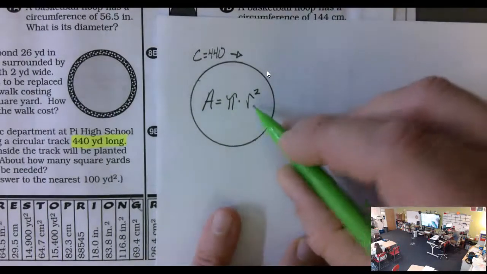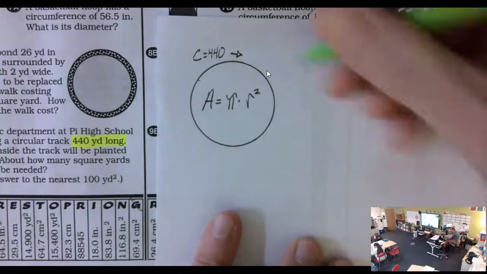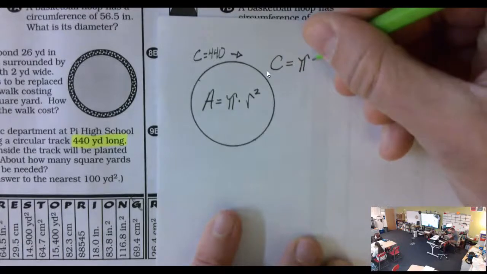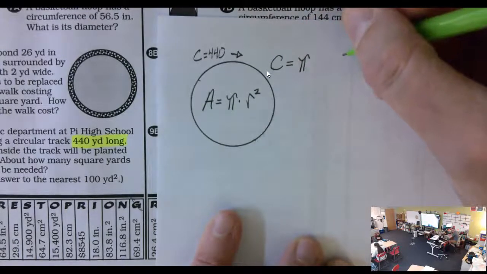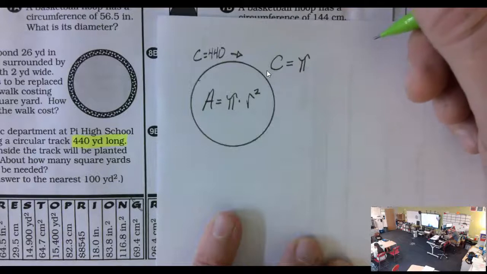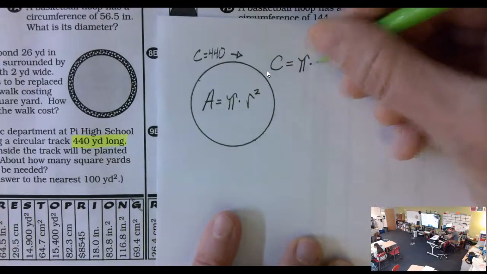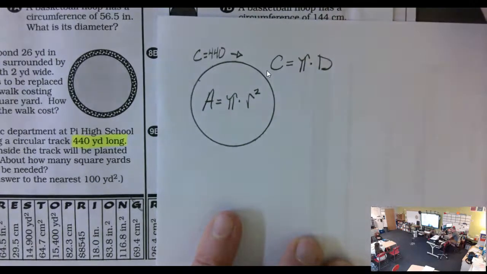So we need to figure out the radius. Now another formula that we know is that the circumference is, what's that little saying? Crust is pi dough.